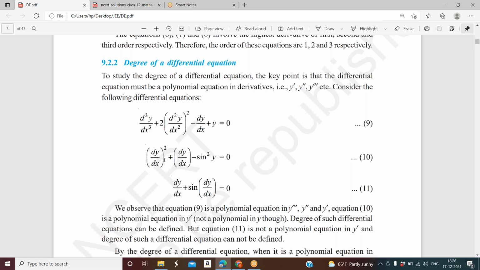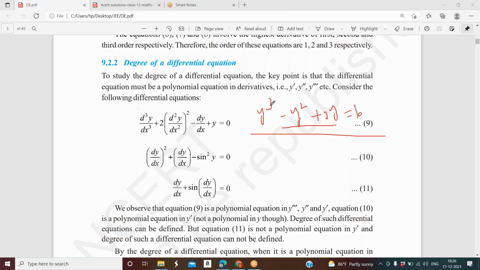So it is polynomial in y dash, not polynomial in y. Polynomial in y means you will be having something like y cube minus y square plus y plus 2y equal to some constant value. It's a third degree polynomial equation.